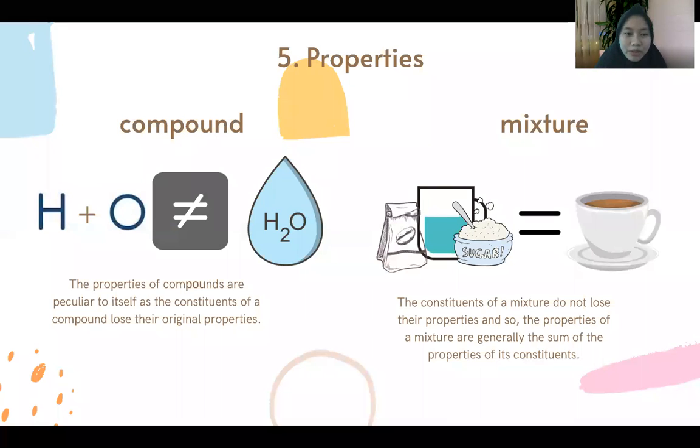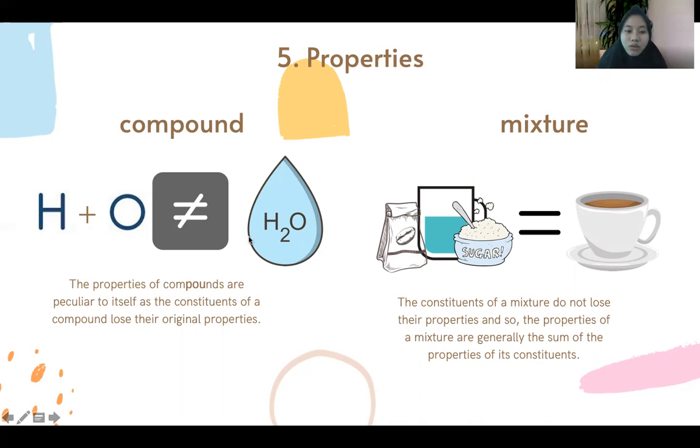For the properties of compound and mixture. For the compound, the properties of a compound are peculiar to itself, and compounds lose their original properties. If hydrogen and oxygen combine chemically and become water, the water loses their original properties.